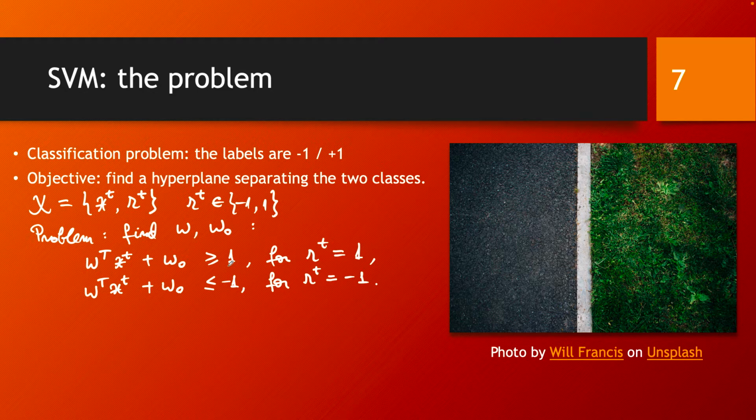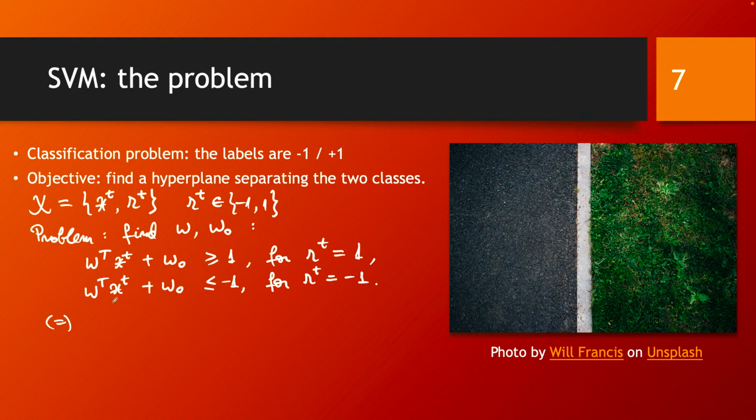And this can be rewritten by taking advantage of the fact that we have these labels 1 and -1, so we can multiply with the label. When you multiply with the label 1, this doesn't change, but multiplying with -1 is going to change the sign of the inequality, and that's going to give you 1. So I'm going to have just one single condition capturing both of these conditions.